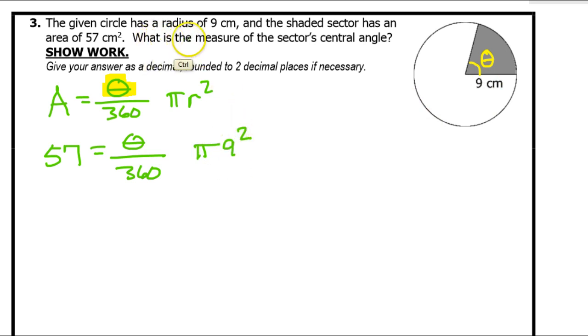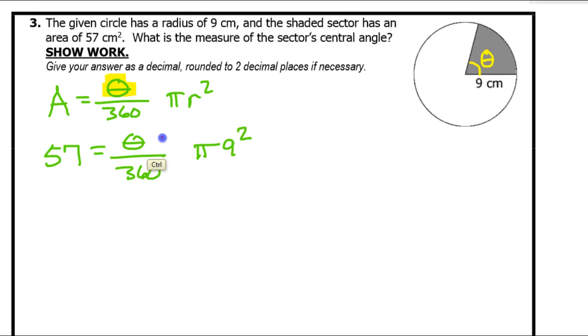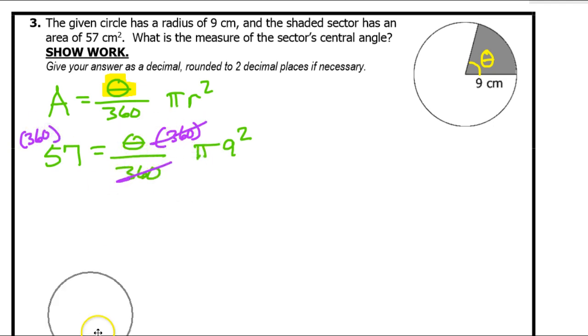We're looking for theta, so we just need to get theta by itself. The easiest thing to do is to multiply both sides by 360. That way the 360s cancel each other out.